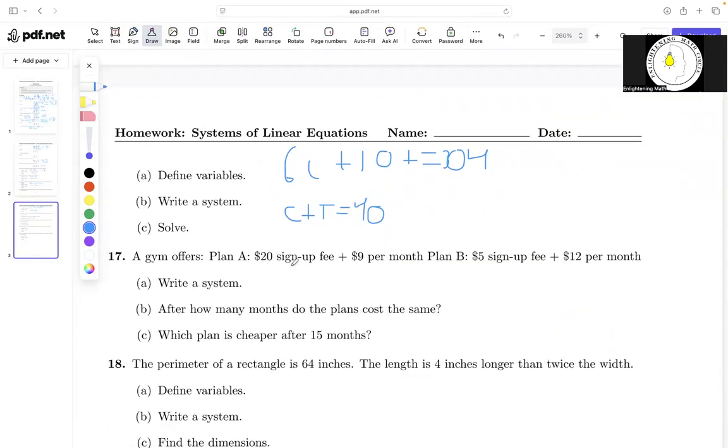So for this one, plan A, $20 sign up fee plus $9 a month. So 20 plus 9.